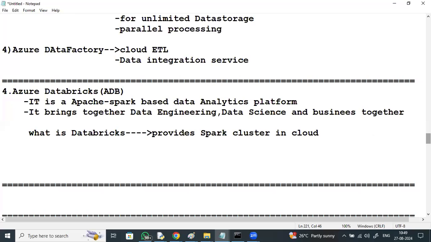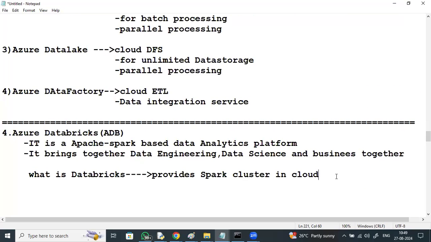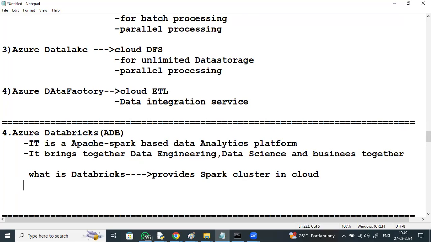People who have knowledge of big data, Hadoop or Spark, might know about this. You may ask, what is this Spark? I am saying Apache Spark based data analytics platform. So what is Spark?